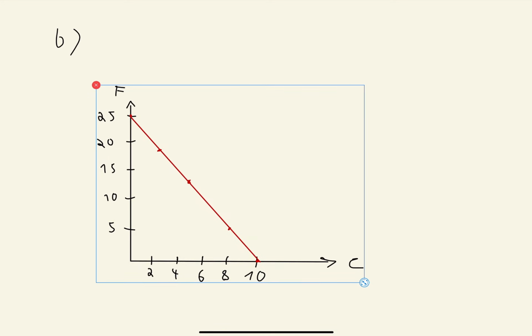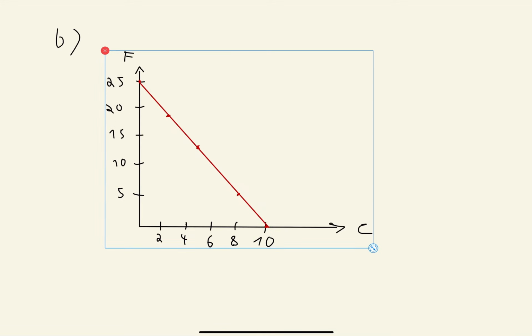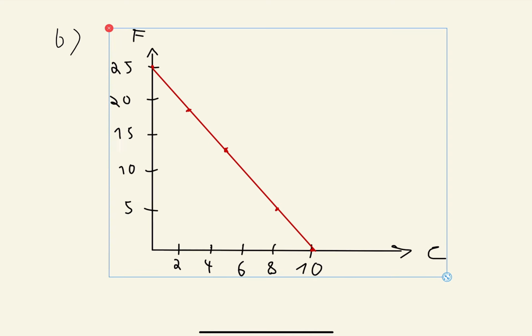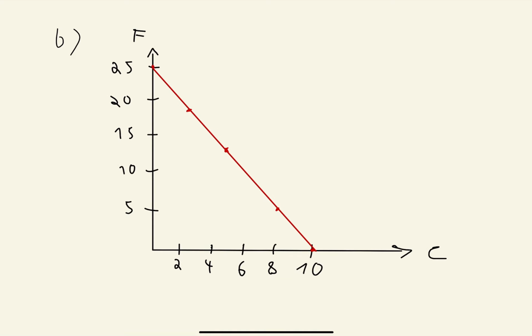Okay, so now we have a slightly different situation. Let me just make this bigger. Why do we have a slightly different situation? Because for the first 5 units of clothing, we will have a different price.